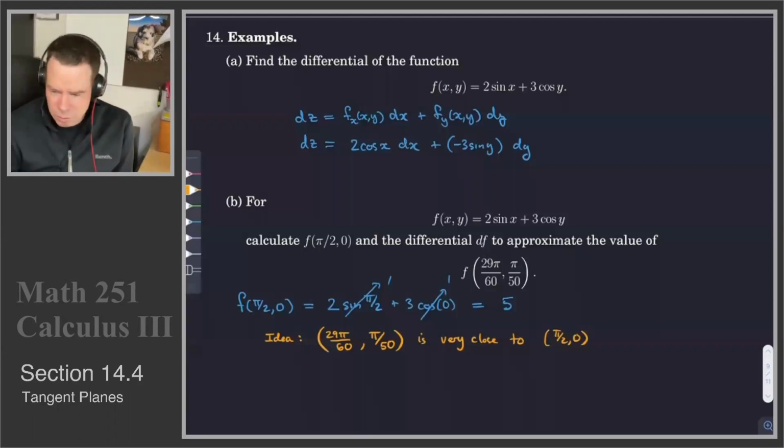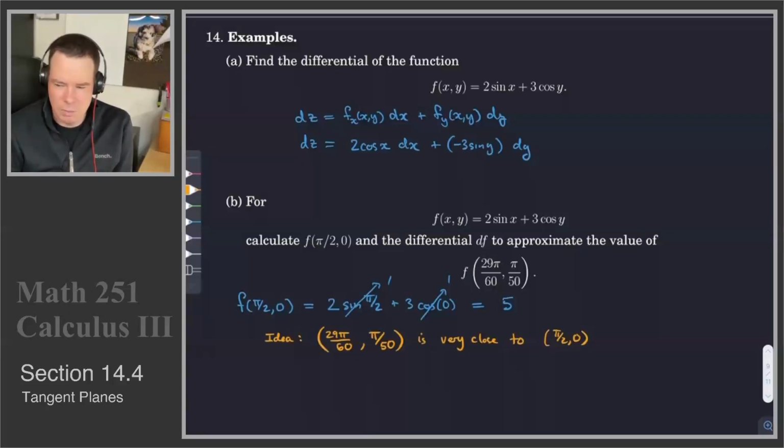But there may be a slight adjustment factor that we could use to make this an even better approximation, because our x value is not quite at pi by 2, it's a little less than pi by 2. It's pi by 60 less than pi by 2. So now I know how much I've moved in the x direction, maybe I just need to figure out what my x derivative is, because then I can multiply the two. That would tell me how my z value is changed by moving a little bit in the x direction. And similarly, I move a little bit in the y direction, namely I'm increasing my y value by pi by 50.